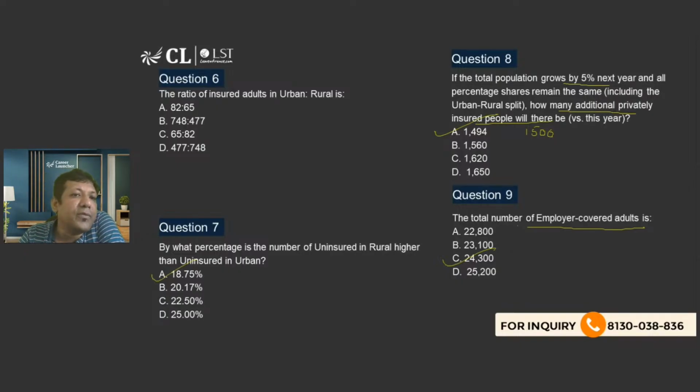Now the ratio of insured adults in urban and rural is, uninsured is 32,000, right? 32,000 एंड डिनोमिनेटर में मैं 38,000 ले लेता हूँ. ठीक है. सो वैल्यू अगर ये 40 भी होगा, सो वैल्यू जो होनी चाहिए 0.8 से थोड़ी सी बड़ी होनी चाहिए. Agreed on this? CLAT aspirant 997 हो तो भी कर लेना अप्रोक्सीमेट, doesn't make a difference, you are going to get the answer. Right. ठीक है. So basically my option should be little greater than 0.8.